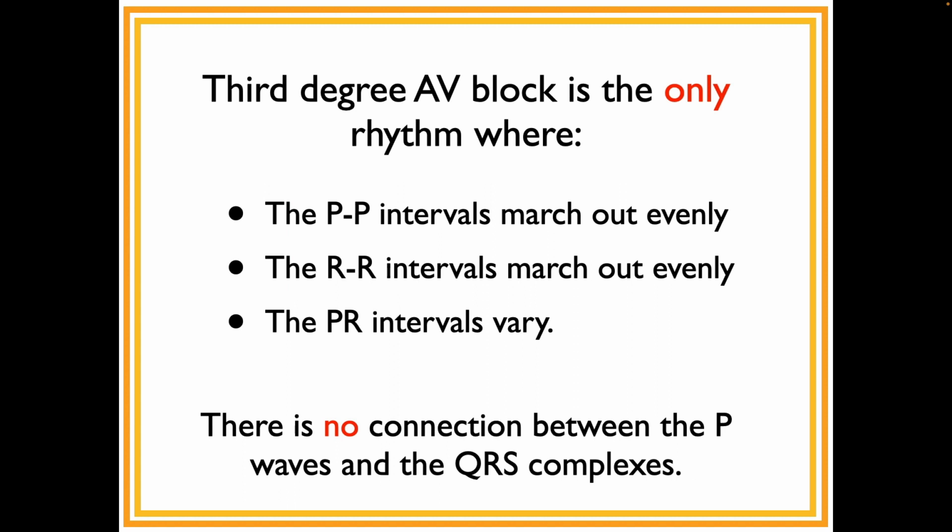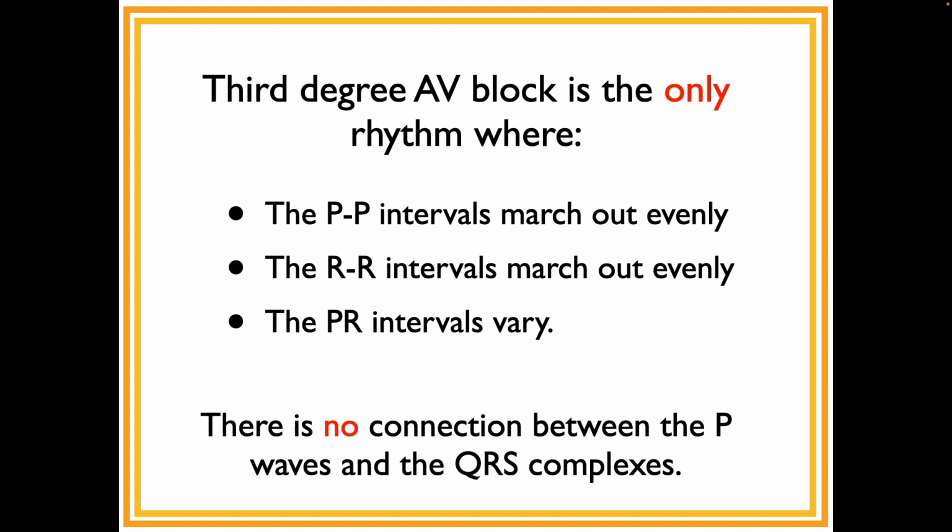Third degree AV block is the only rhythm, and this is just a repeat because this is so useful, where, first of all, of course, they're orphan P waves. I don't have that on the slide. P to P's march out, R to R's march out, and the PR intervals vary. There is no connection between the P waves and the QRS complexes, okay?